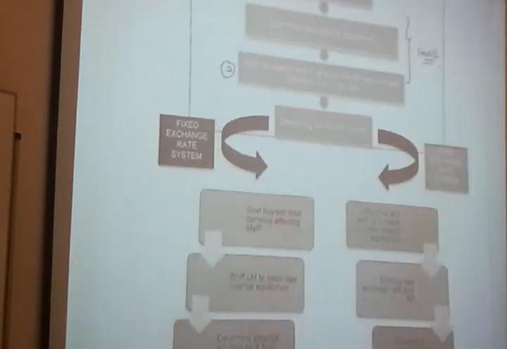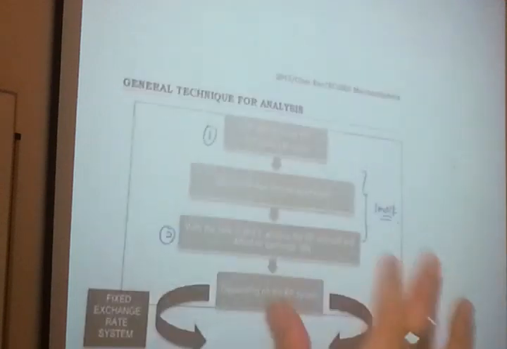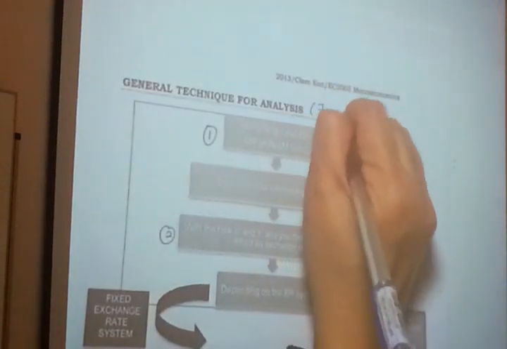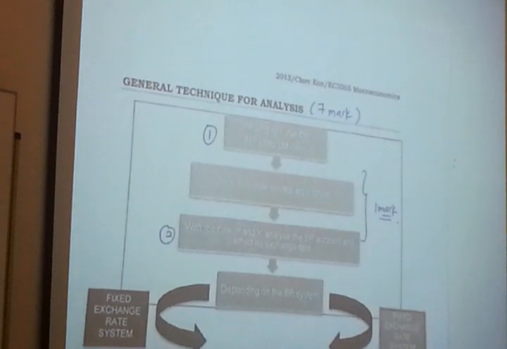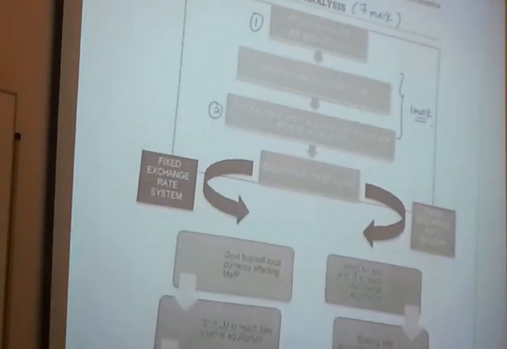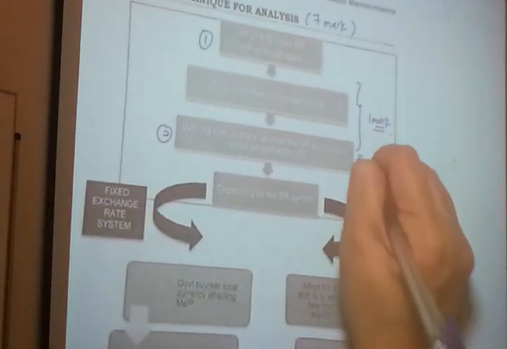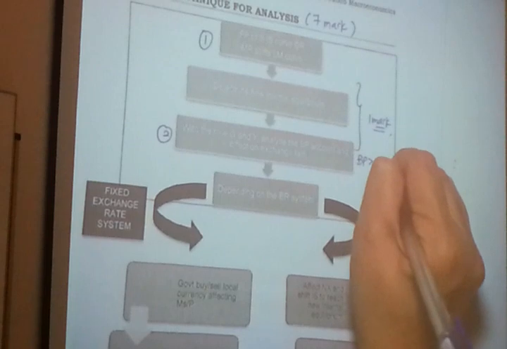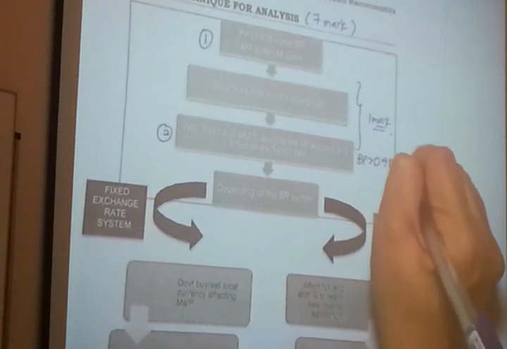Then the exam question will usually ask you to do fixed and flexible exchange rate. So this entire thing is 7 marks. It's not 7 marks each. The whole thing is 7 marks only. So after you found out your BP, for example, if your BP is a surplus, generally your currency will strengthen.